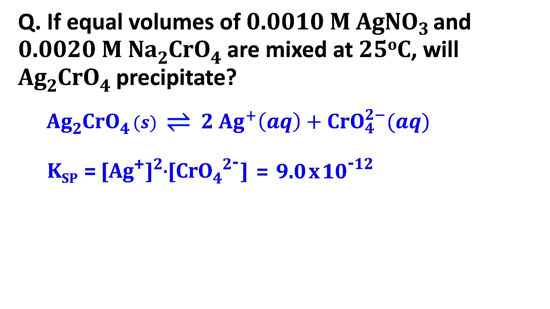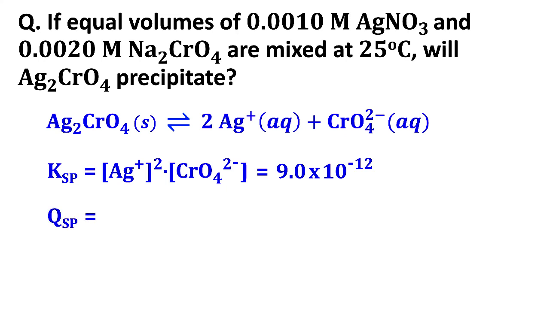And we note that we know the form of K sub SP and the value of K sub SP for this reaction. K sub SP equals silver ion concentration squared times chromate ion concentration, and that product is equal to 9.0 times 10 to the minus 12th. And if we want to predict which direction a reaction will go with given initial conditions, we've done this before.